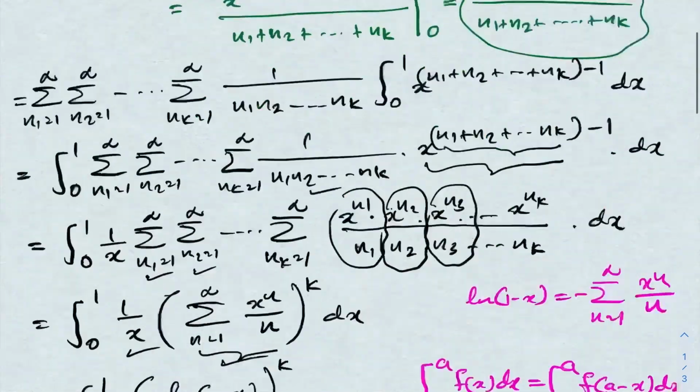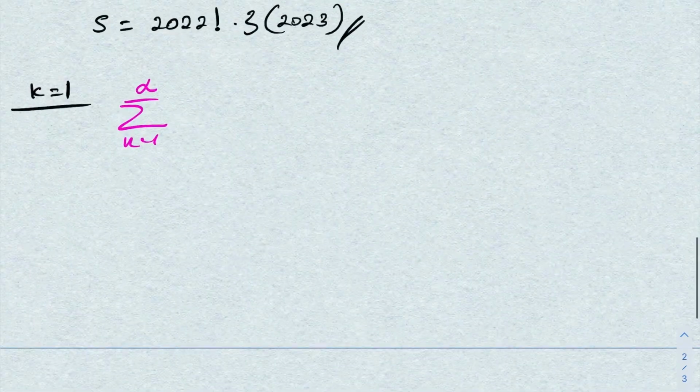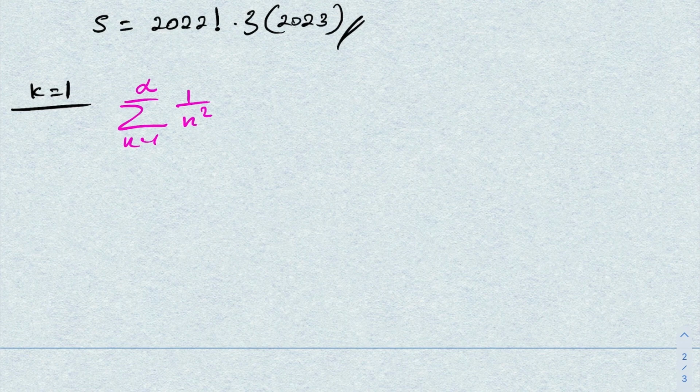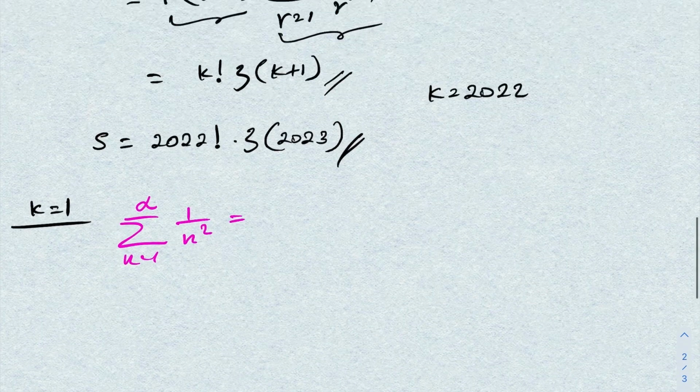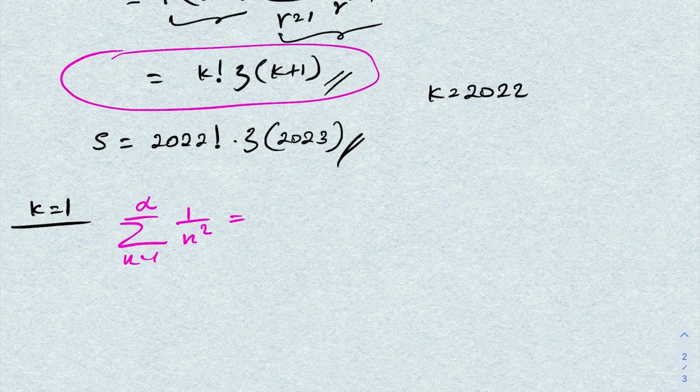So 1 over n times n, which is n squared. So we know 1 over n squared is equal, according to the generalized answer when k is equal to 1, to 1 factorial times zeta of 2. 1 factorial we know is 1, and zeta of 2 we know is pi squared over 6.